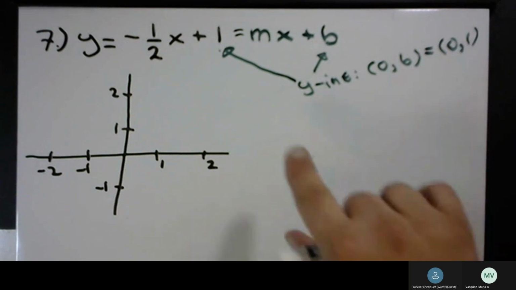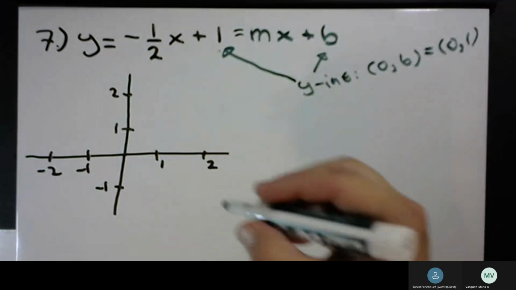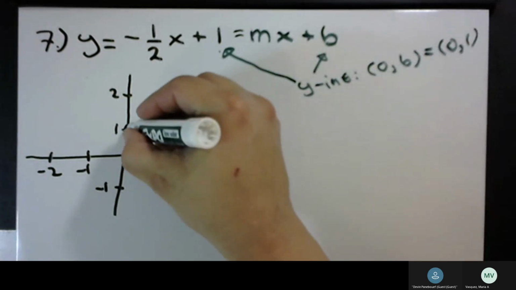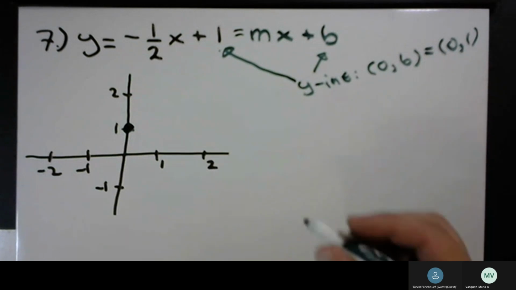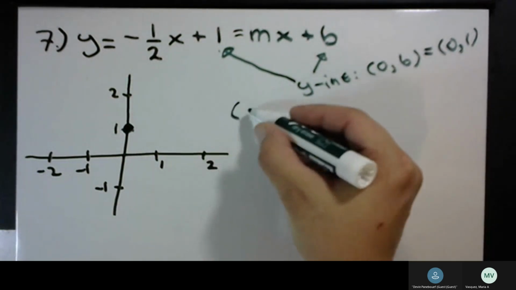So once again, we're going to start with the y-intercept. We want to identify the y-intercept. And once we've got that figured out, we can come up with a second point like so.